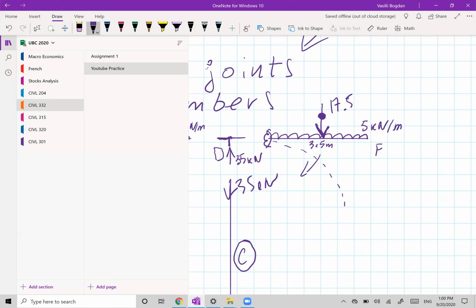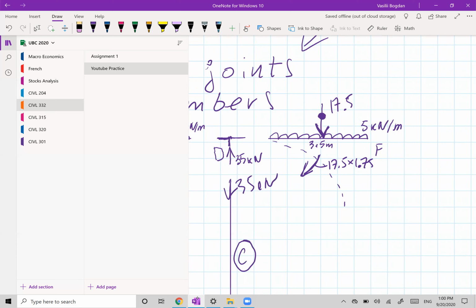So what it means is that, because again that's statics, nothing is moving, we have to counter this moment, which is 17.5 times 1.75, half of 3.5 divided by 2, right?